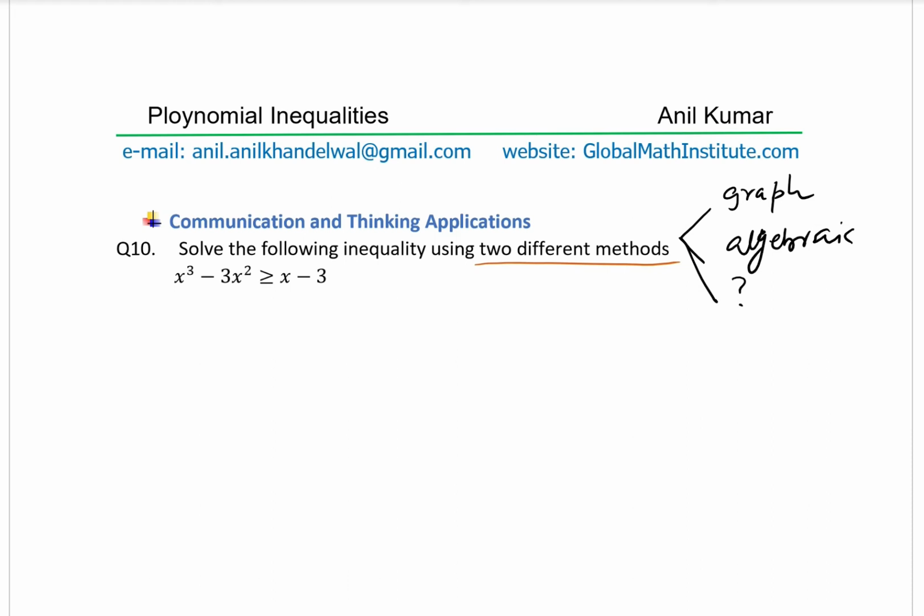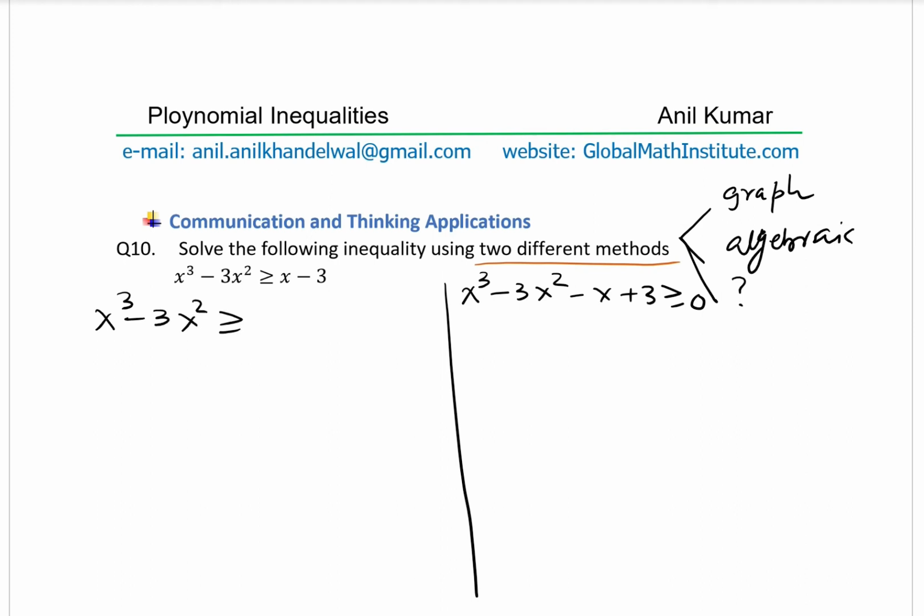So what I'm going to do here is basically solve two different equations. One is given to us like this. We could also think about bringing all the terms together. We have x cubed minus 3x squared. Bring it to one side, so we get minus x plus 3 greater than or equal to 0. So we'll solve this equation. And on the other side, we'll focus on the equation given to us, x cubed minus 3x squared is greater than or equal to x minus 3.